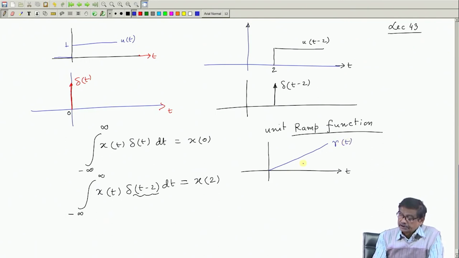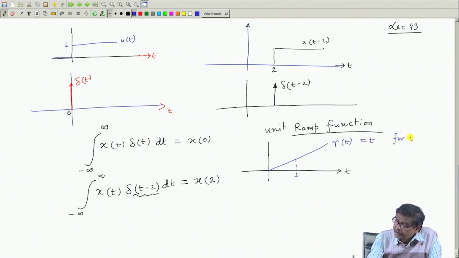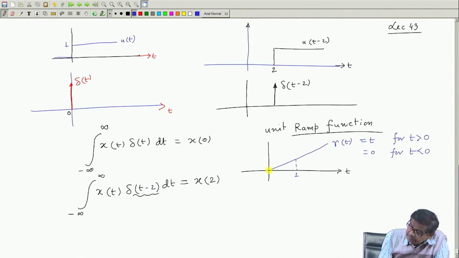The slope is 45 degrees, that is at t equal to 1, this is also equal to 1. r t is nothing but t for t greater than 0. So, it is a 45 degree line, and is equal to 0 for t less than 0, that is the value of the function is 0 for t less than 0, that blue colored part, then it ramps up as time passes. So these two things combined is called a ramp function.